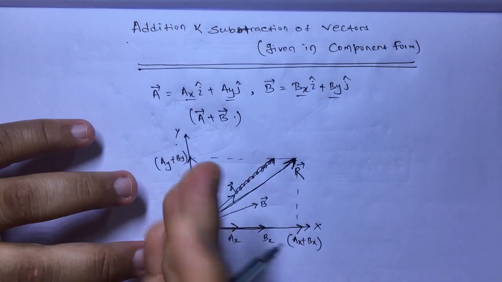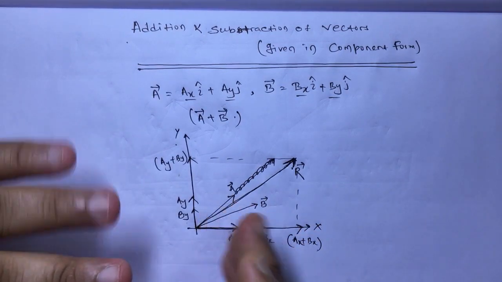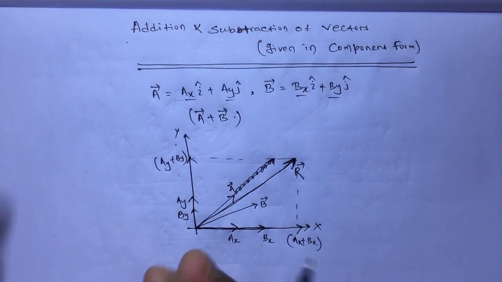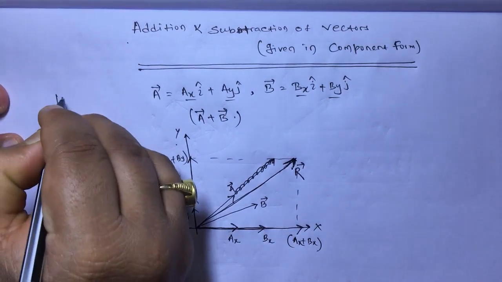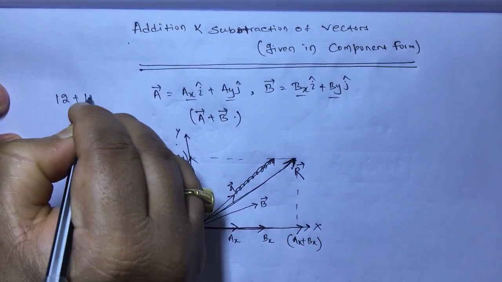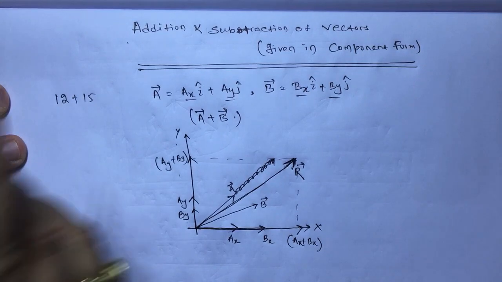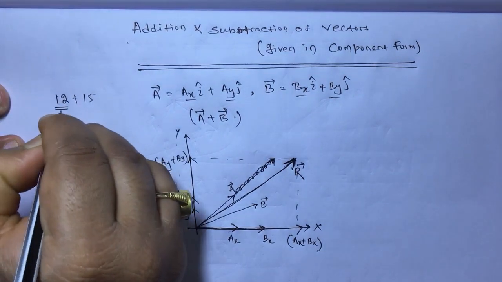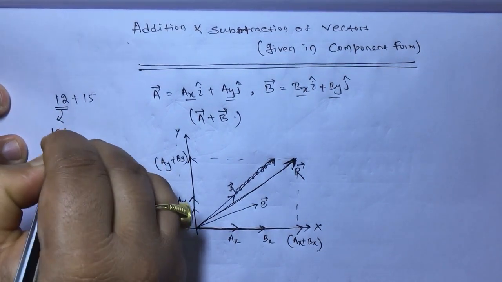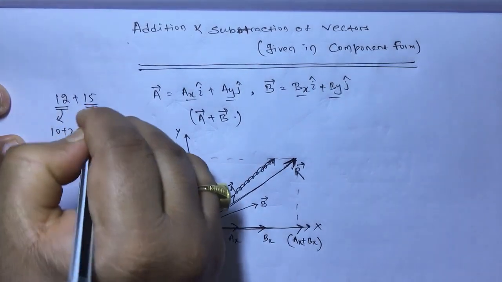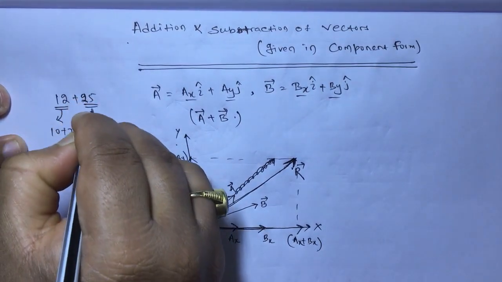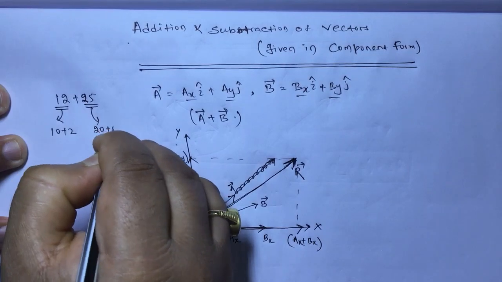Let us make it simple. Let us understand it in a simpler manner. Let's say I have to add two numbers, 12 plus 15. I am going to write 12 as 10 plus 2, and 25 as 20 plus 5.